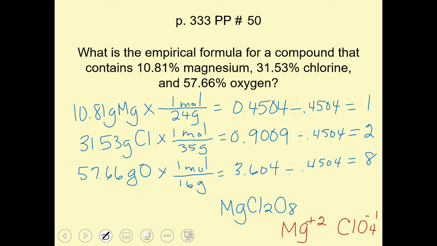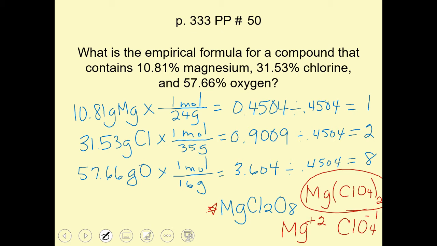This compound can really be rewritten. It would be 1 magnesium and then 2 perchlorates. This would be the most proper form for your answer. And it's still 1 magnesium to 2 chlorines to 8 oxygen, but now it's written in the proper form for an ionic compound. Okay. I'll give you credit for this though, because you did establish the right ratio.